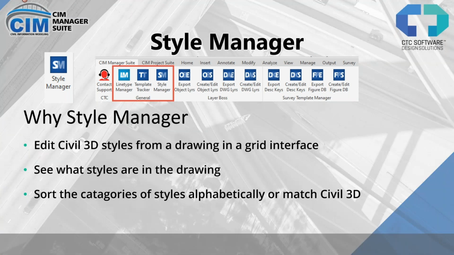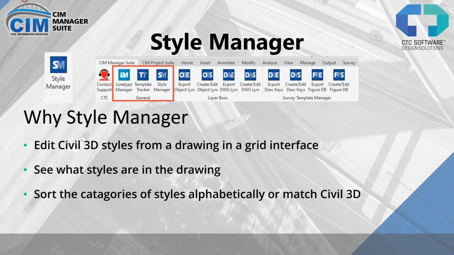So why use Style Manager from CTC? Well, with it we can edit Civil 3D styles from a drawing in a grid interface. We can see what styles are in the drawing. We can sort the categories of styles alphabetically or to match Civil 3D, whichever you're more comfortable with.